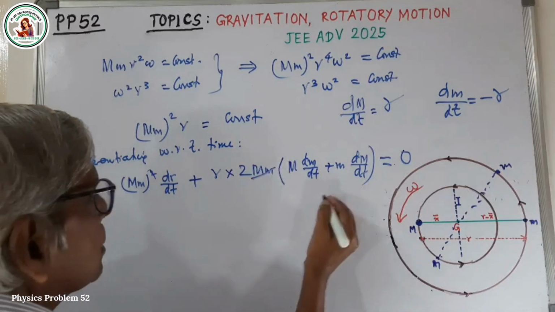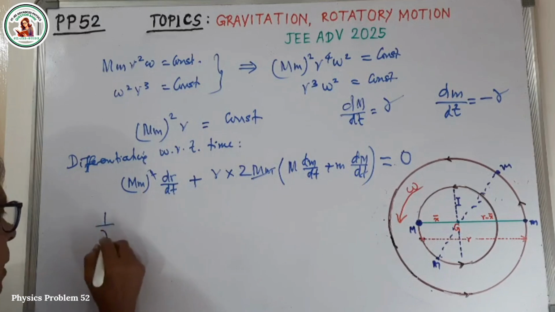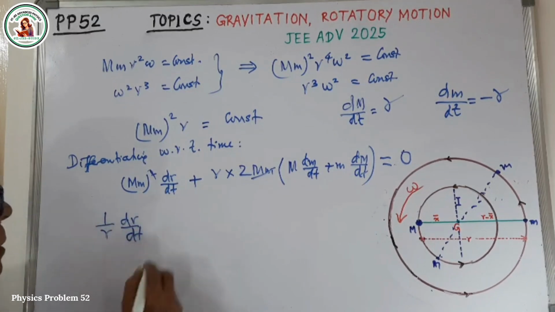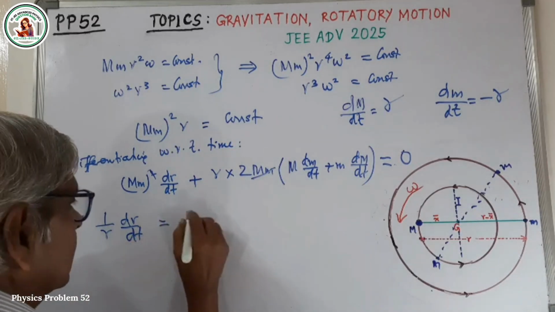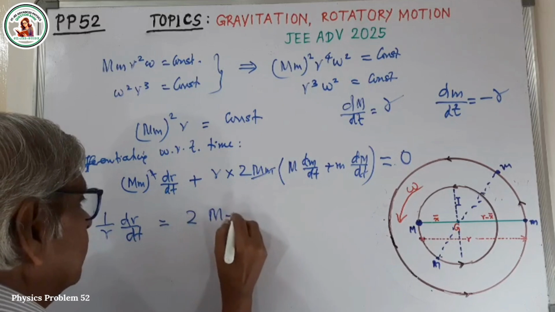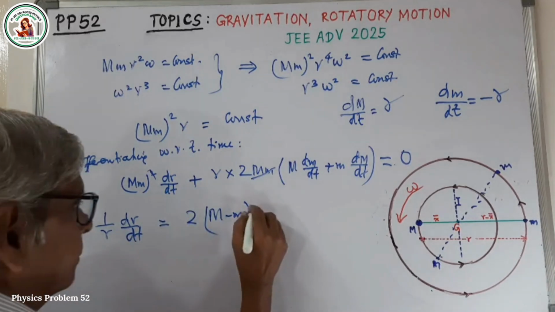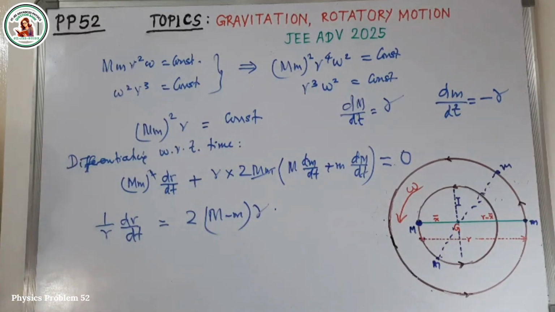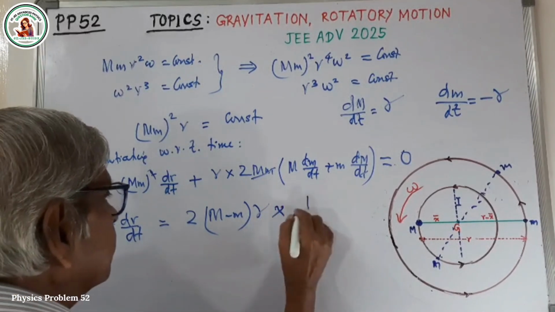M cancels, and this r you can club with this. 1 by r dr by dt is equal to 2M minus m, into gamma, by M m.